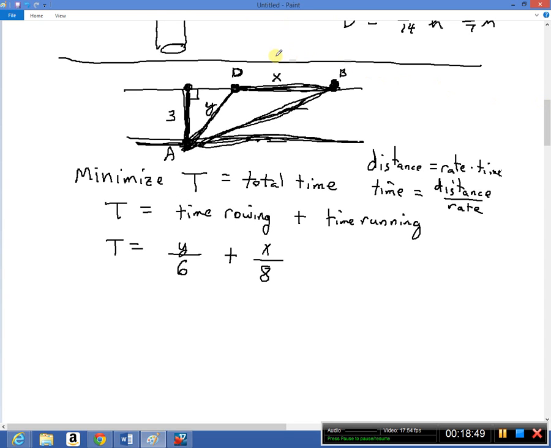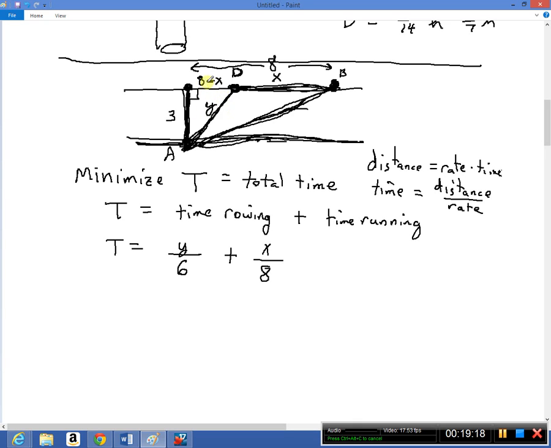Let's do this. 8 is from here to there. All right, now I've already got x, and I can figure out what this is, because this is now going to be 8 minus x. So 8 minus x goes from here to here.